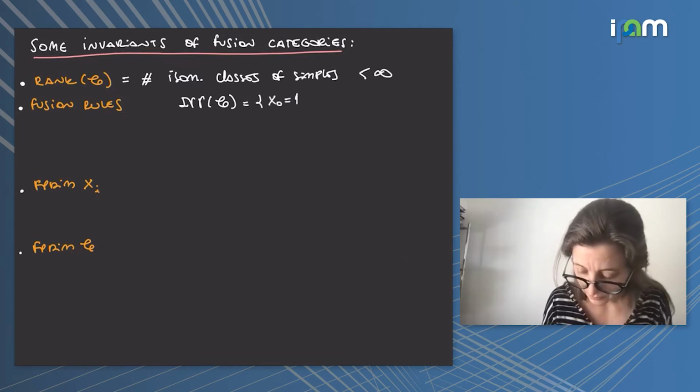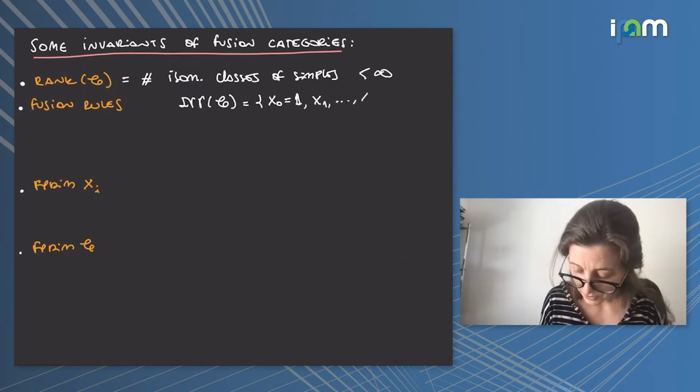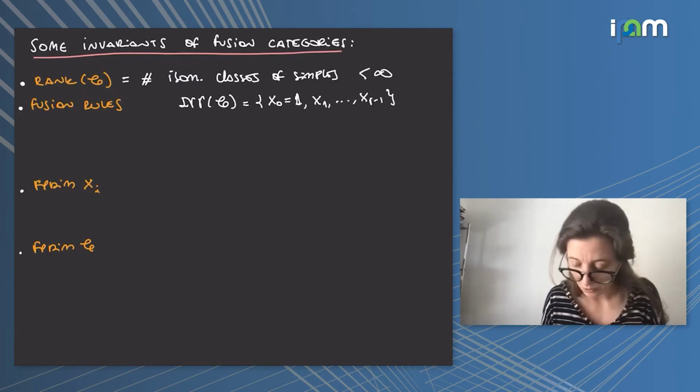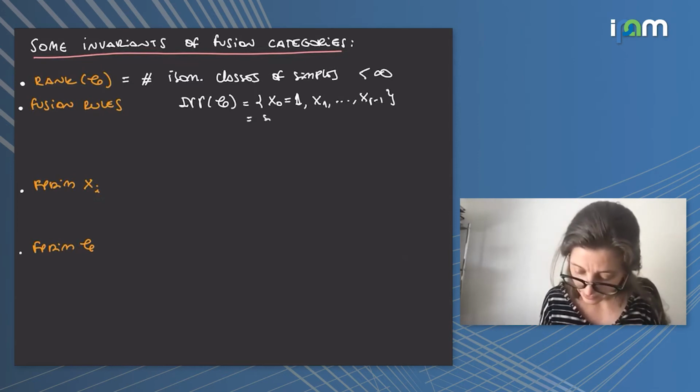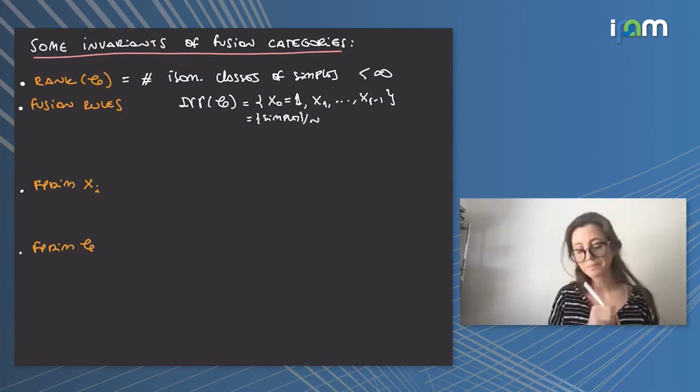I will have the 1, because the 1 is one of the simples, and then I will have some number here. So r in this case would be the rank, and these are the simples up to isomorphism.